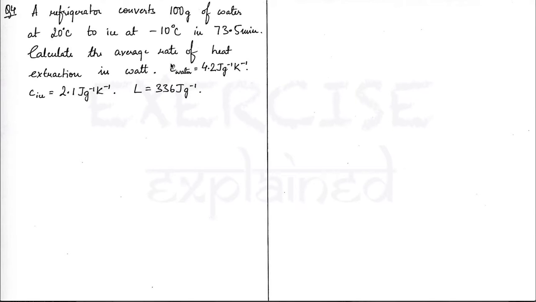So you can see here specific heat capacity is given as 4.2 joules per gram per Kelvin. This is for water. Specific heat capacity for ice is given as 2.1 joules per gram per Kelvin. Latent heat is given as 336 joules per gram.